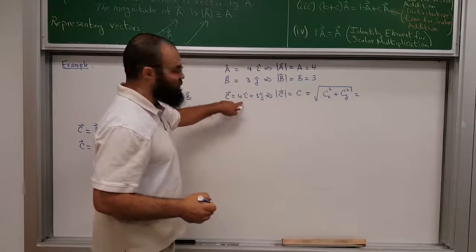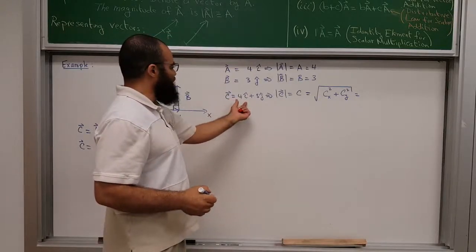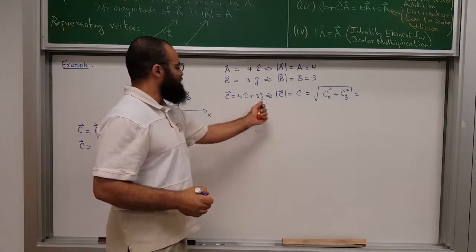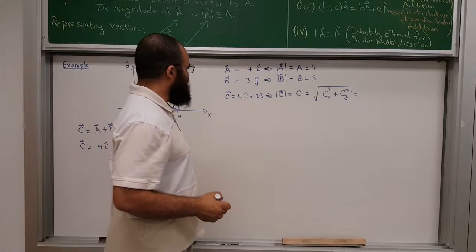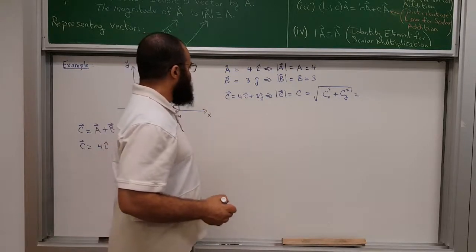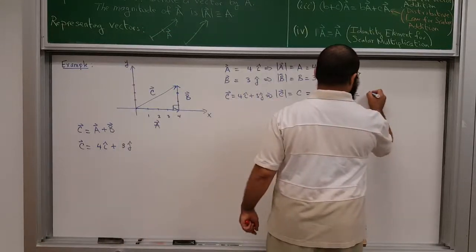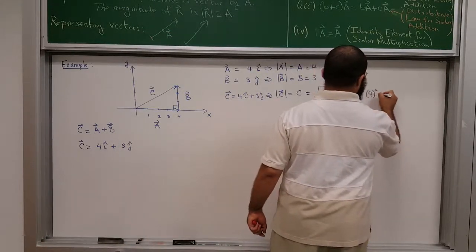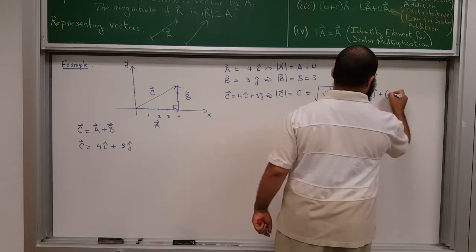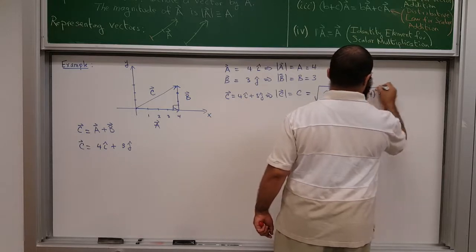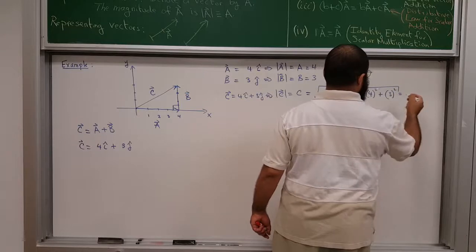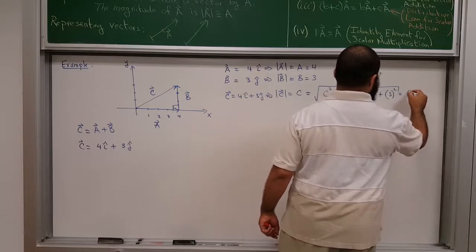By the way, these are called components. The one in the x direction is the x component, and the one in the y direction is the y component. So the x component is 4, so 4 squared, plus the y component, 3 squared, square root. 4 squared plus 3 squared is 25, and the square root of 25 is 5.